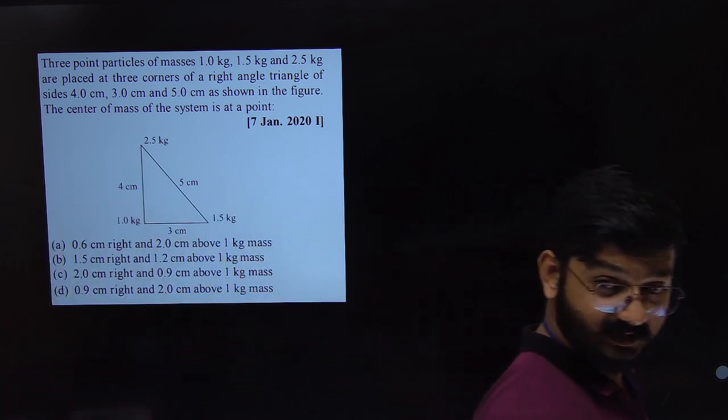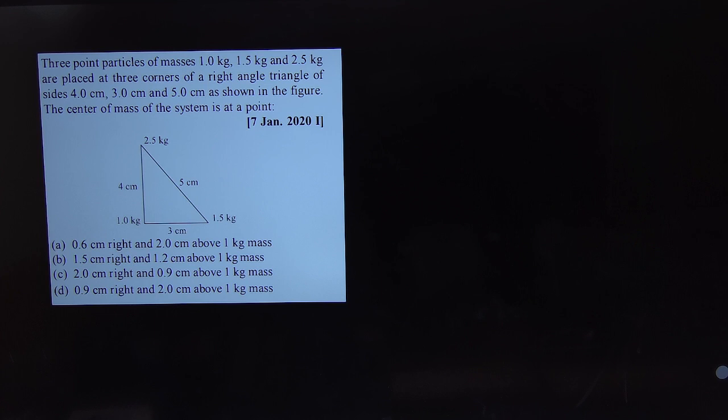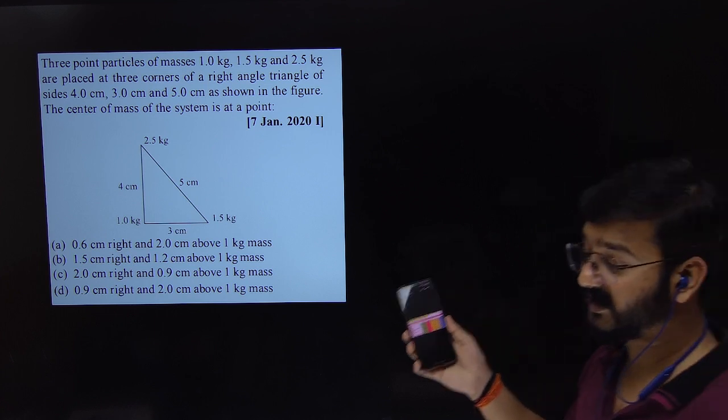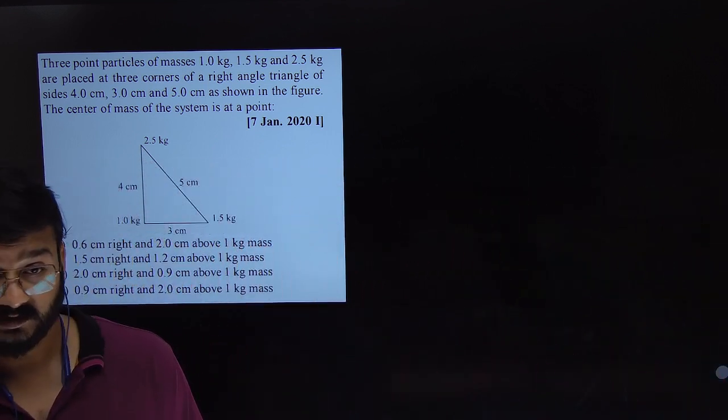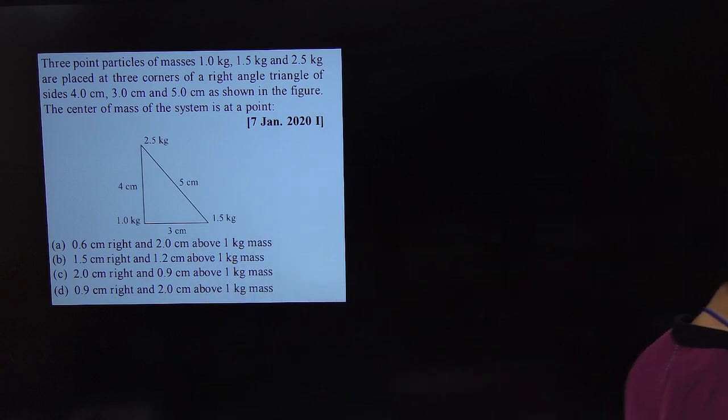Yes, correct. You'll find this question in the NCERT too. In NCERT, you'll find the triangle as well as the square question.